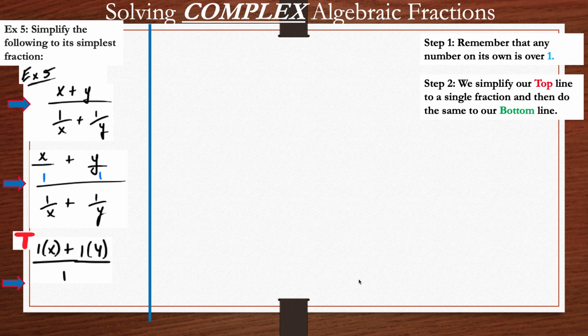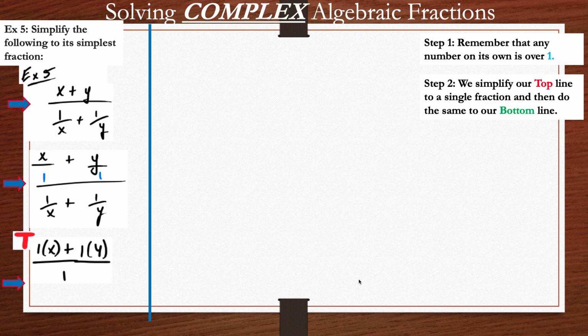As we said, the next step was x over 1 plus y over 1, over 1 over x plus 1 over y. So the next line was create a common denominator of 1. 1 into 1 goes once by our top, which is x. 1 into 1 goes once by our top, which is y. So that is still over 1 over x plus 1 over y.